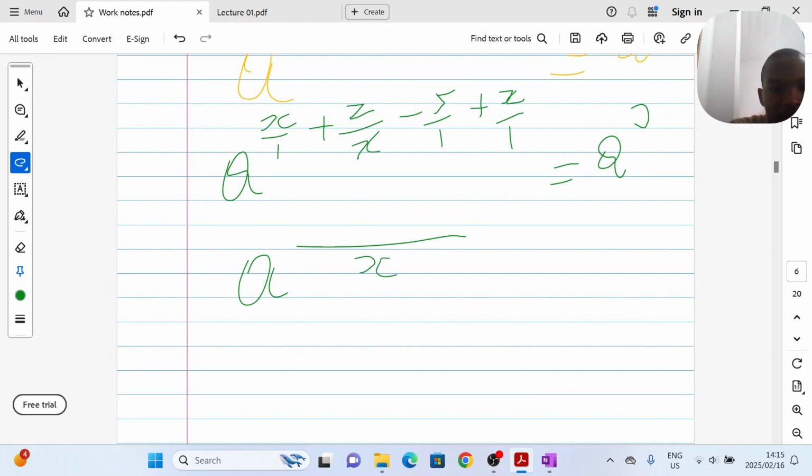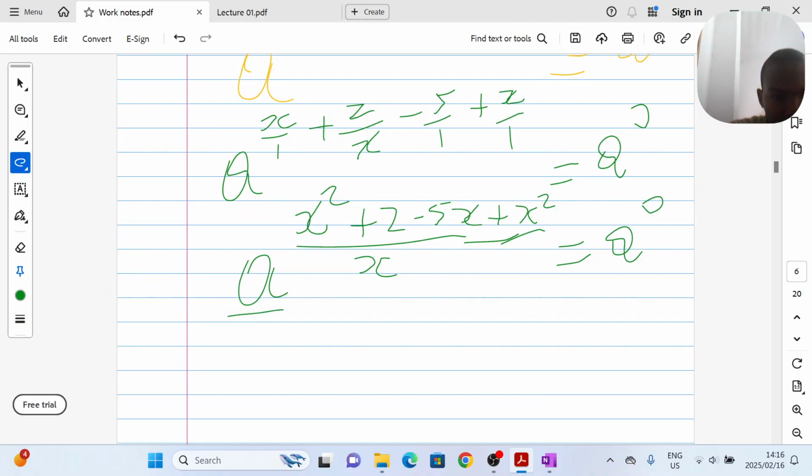Then x divided by 1 is x. x times x in the numerator is going to be x squared. x divided by x is 1. 1 times 2 is still 2. x divided by 1 is x, times minus 5 is going to be minus 5x. x divided by 1 is x. x times x in the numerator is going to be plus x squared. So this is going to be equal to a to the power 0.